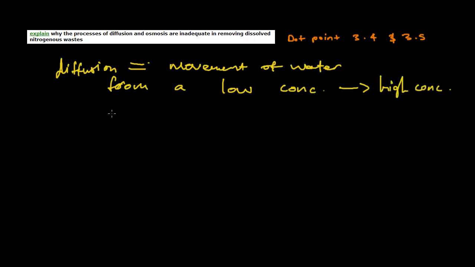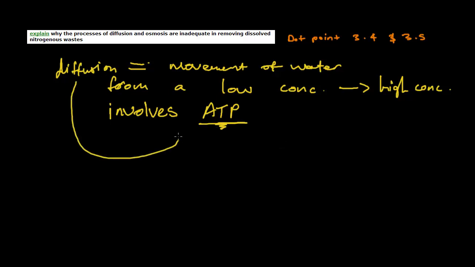And most importantly, diffusion involves ATP, so it spends ATP. ATP is basically the currency of energy in our body, and diffusion needs ATP. So it spends ATP.